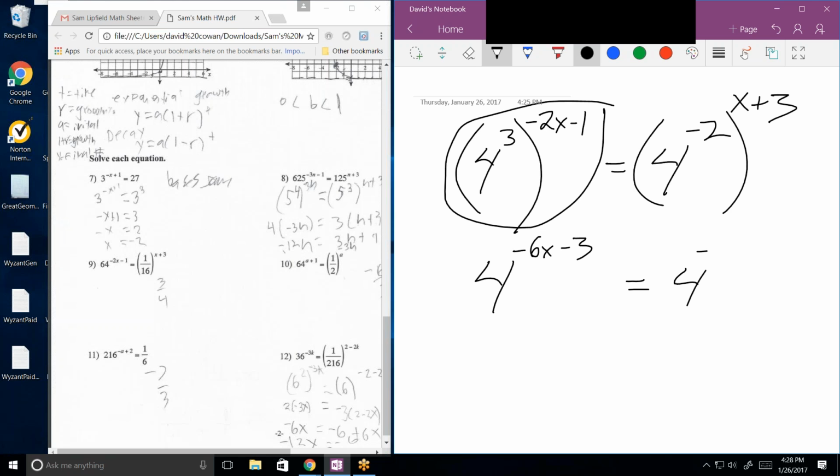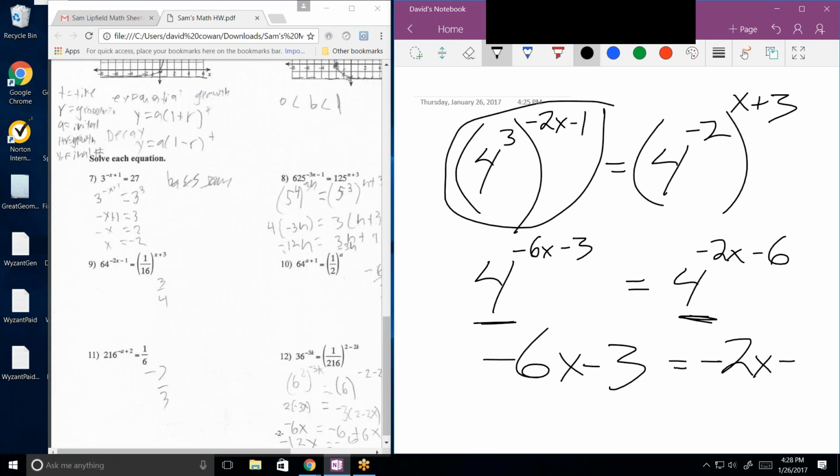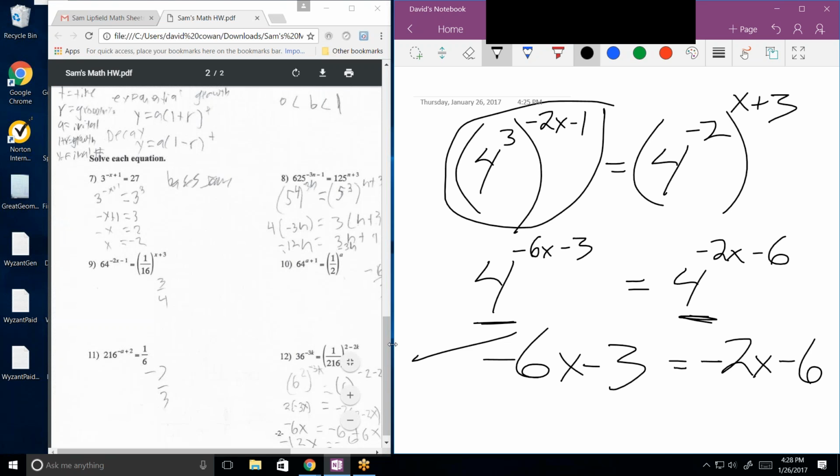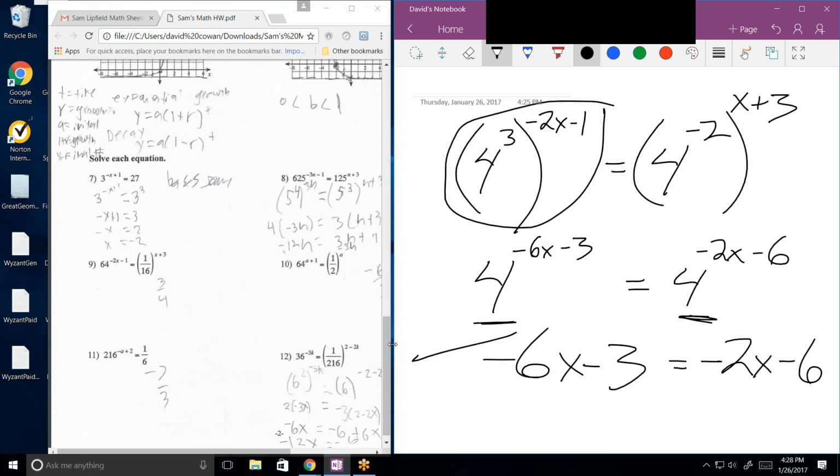Negative 2x minus 6. Okay. Now I've got the same base, and I can equate the exponents. So it's the same process every single time. Get those bases to be the same, and then you have a simple algebraic solution.